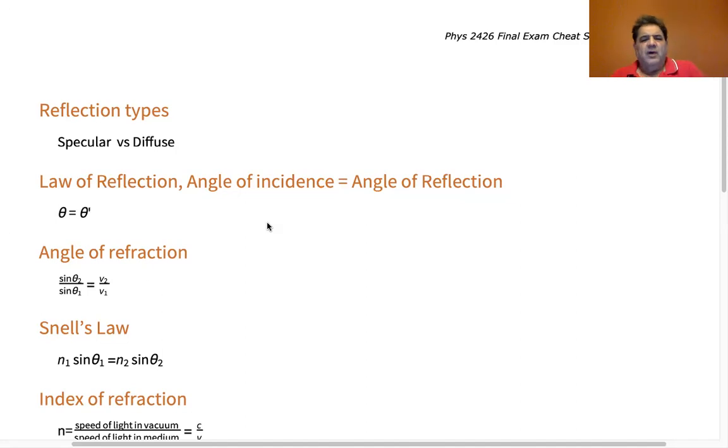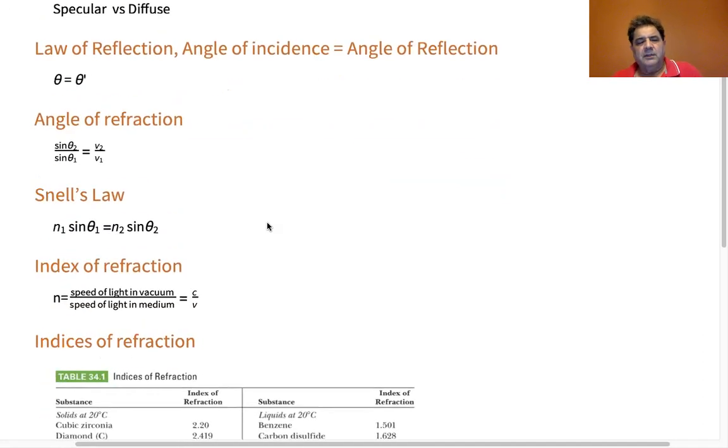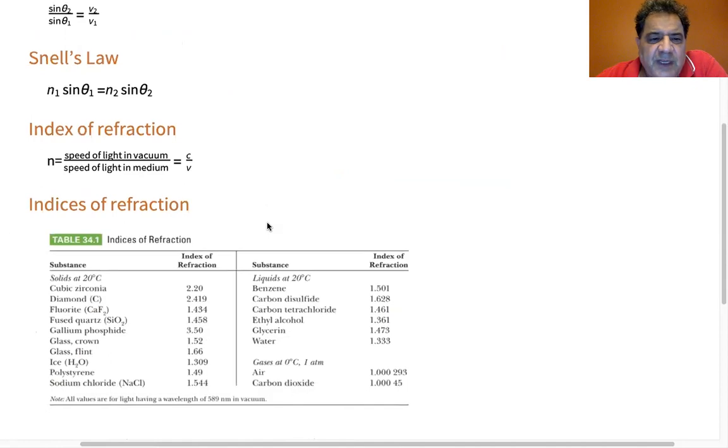Snell's law: N1 sine theta 1 is equal to N2 sine theta 2. That gives you the angle. That's how the angles are related, given the index of refraction. And the index of refraction is equal to the speed of light in vacuum, which is C, divided by the speed of light in the medium, which is V.